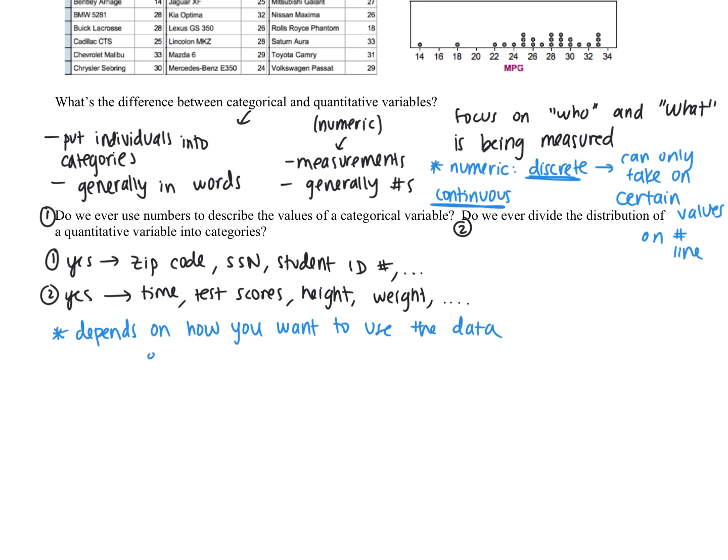If you want a percent of some type, like a percent that falls in a certain category, then you will treat the variable as categorical. Numeric variables, on the other hand, we often will calculate an average. So if you want the average, then you will look at the raw numeric data.